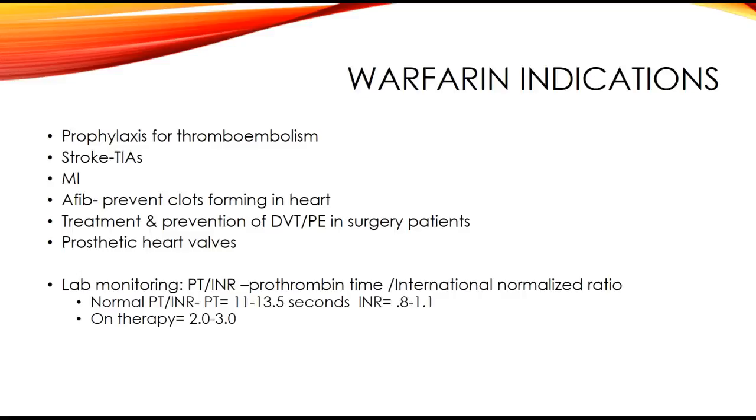It's used as a treatment and prevention of DVTs and PEs in surgery patients, so status post-op surgery. Many times those patients are at risk for DVTs and PEs, so we want to put them on warfarin to treat or prevent that. Also used in patients with prosthetic heart valves because they are at a higher risk of forming clots as well.